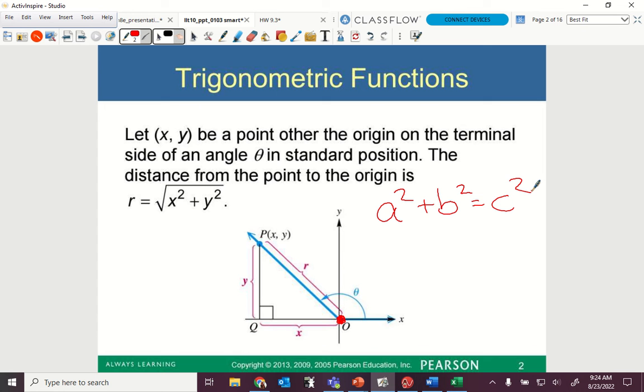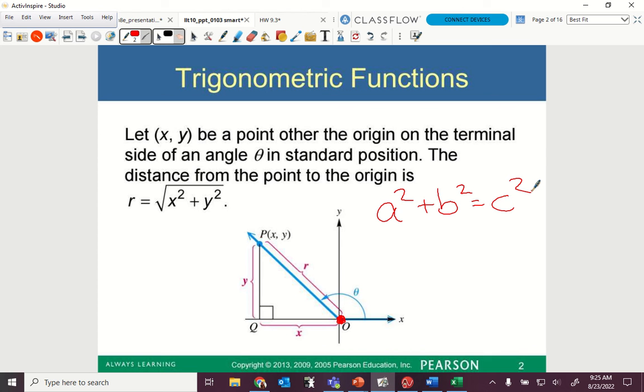Say yes. Okay, and c would always be the hypotenuse of my triangle. It's always the longest side, always opposite the right angle. We're just going to take that formula and apply it to what we're doing here.